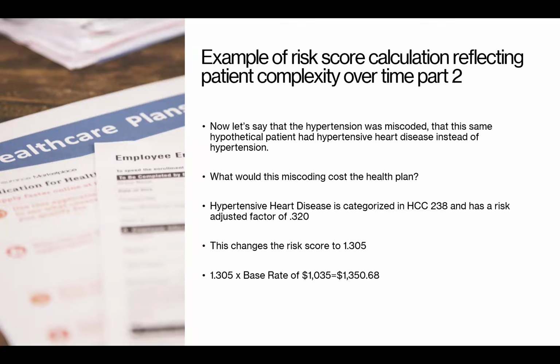It has a risk adjusted factor of 0.320. So now the overall risk score goes to 1.305. If we multiply 1.305 times $1,035, we have $1,350.68 a month. So a pretty significant increase.